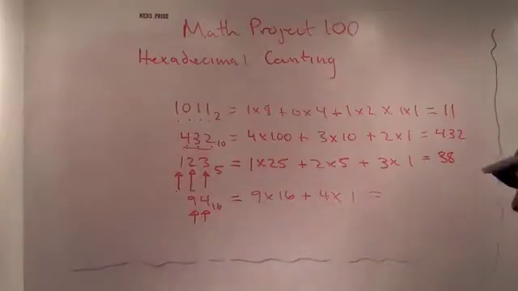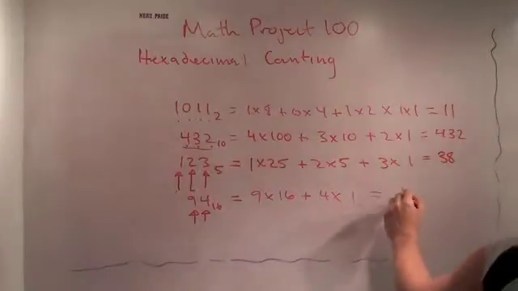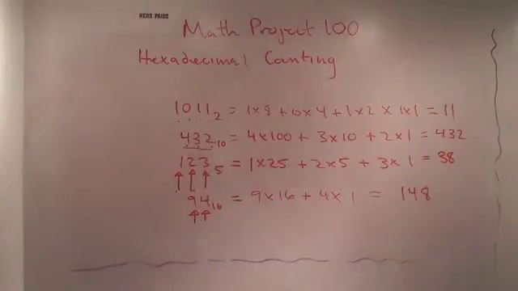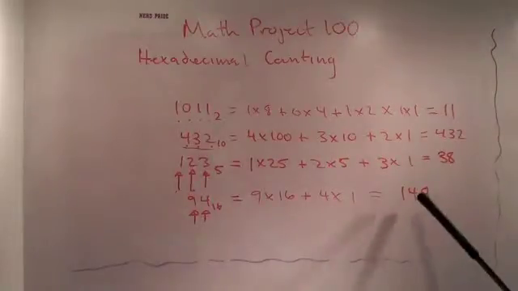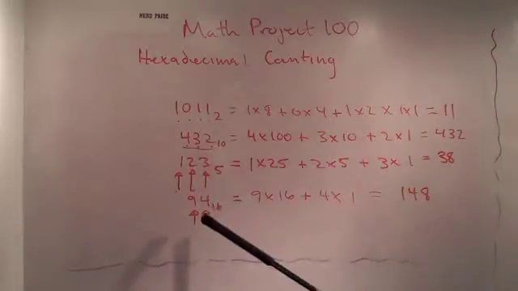And what's that going to equal? Well, 10 times 16 is 160 minus 16, which is 144. And then plus 4 is 148. So this is going to equal 148.